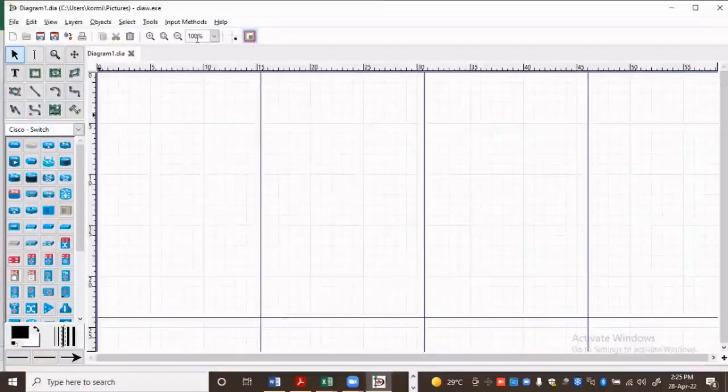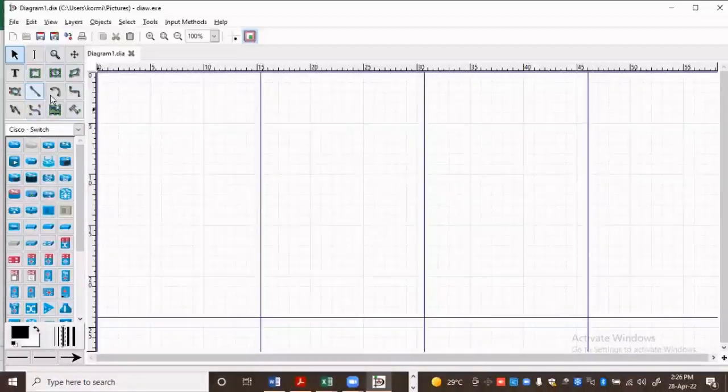Then you have shapes, diagram shapes, and text, if you want to put some text on any diagram or object. These are the lines and arrows you might need, probably for your cabling and signaling in your diagrams.